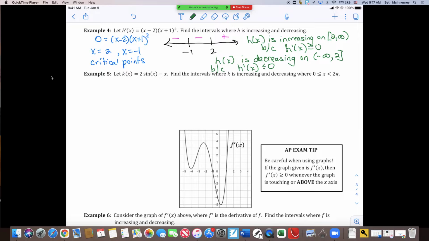All right, go ahead and try example 5. Try and get as far as you can before I work it out.